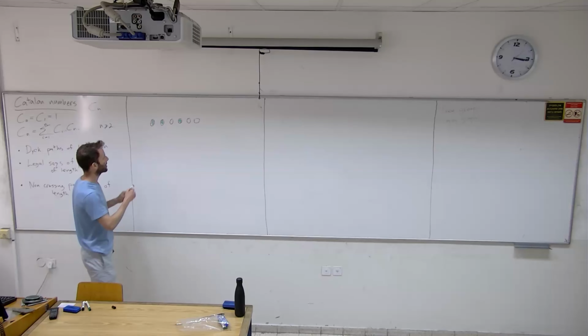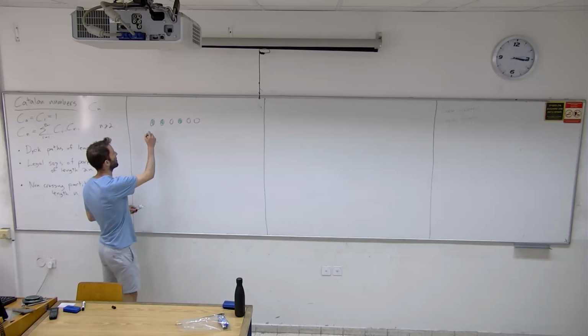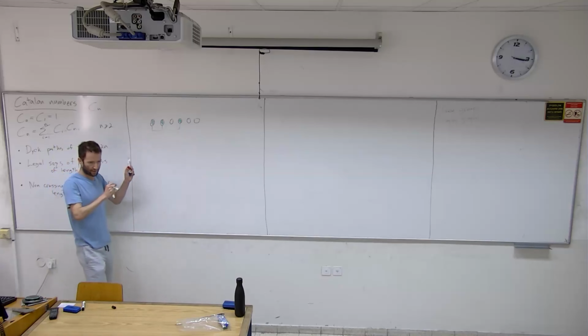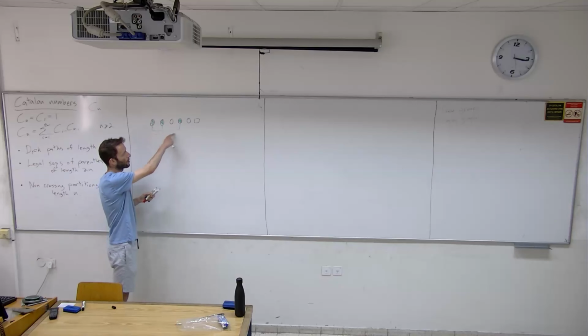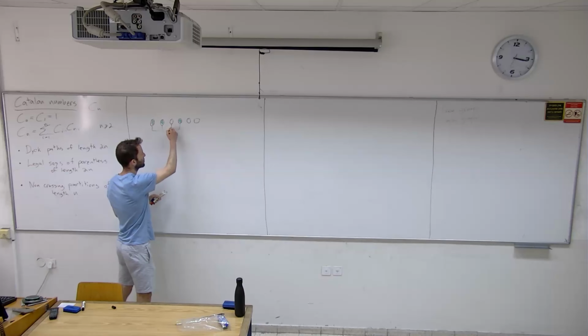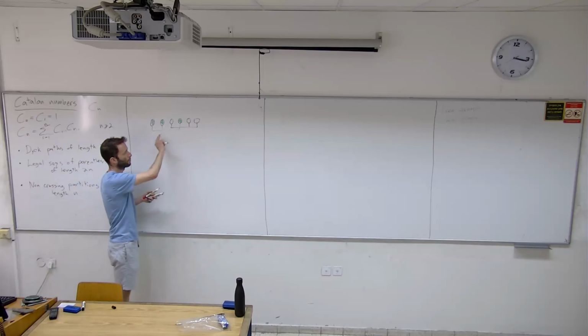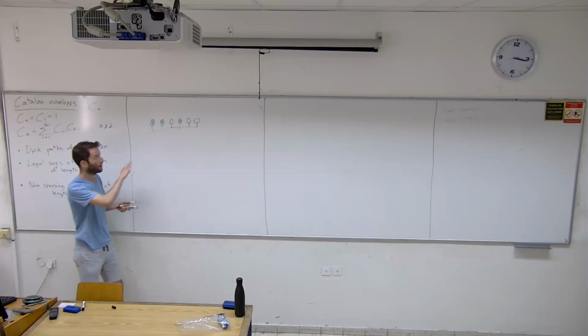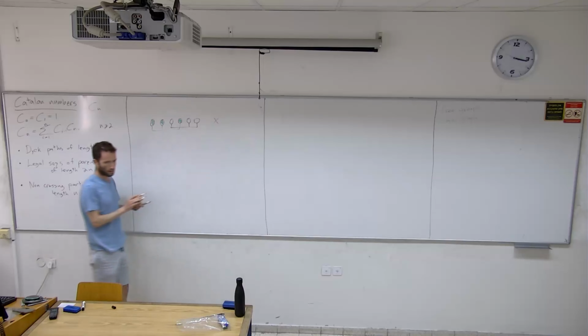And what I want to know is whether I can draw a line below each set. There can be a formal definition with the indices, but it's easier to do it as a drawing. So this is one set in the partition and the other part is this one. I ask whether I can draw such lines in a way that the lines of all the parts don't cross. So this one is actually a crossing partition, it's not good.